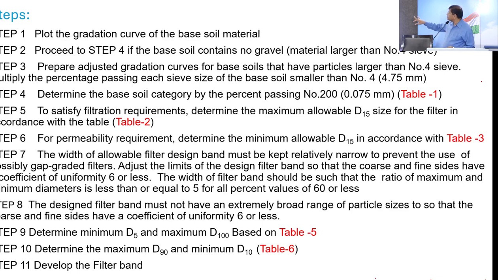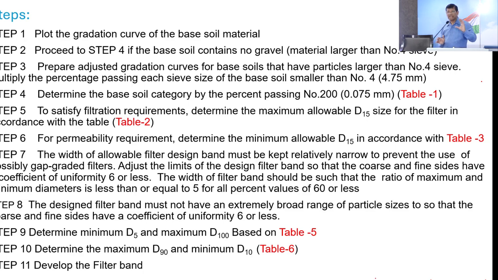Then we first see the filtration requirement. The big D here is the filter, small d here is the base soil. That's how we are differentiating. So the D15 is the maximum allowable D15, because we are using it for the retention, like we are saying the fines should not pass through it.